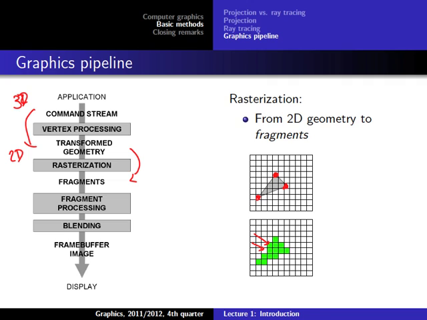Good. And so we're moving from a 2D representation to pixels or fragments. Often in this context, the term fragments is used because a fragment describes a slightly more generalized version of a pixel. When we do the processing, for example, if we have two triangles in front of each other, then of course we only see the first one.